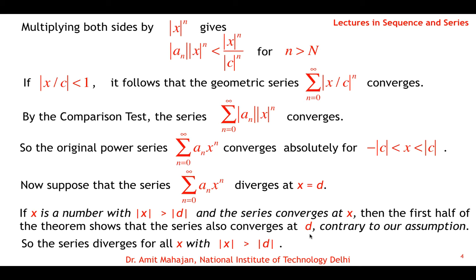So we have seen that the series can converge in an interval. If c is infinite, the series can converge at all points, and if c is 0, then the series will converge only at one point. So there are three possibilities: the series can converge at a point which is the center, or in an interval, or for all values of x.